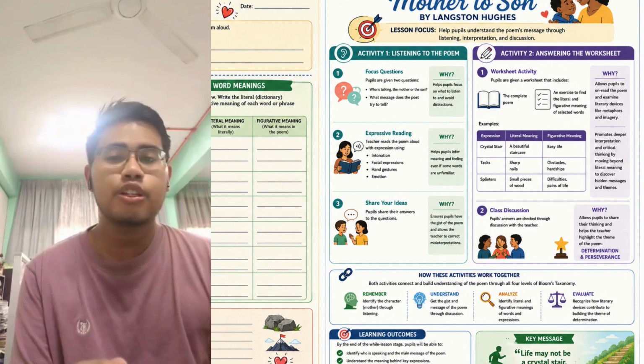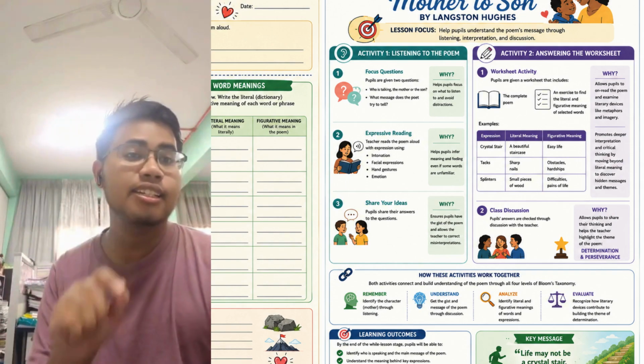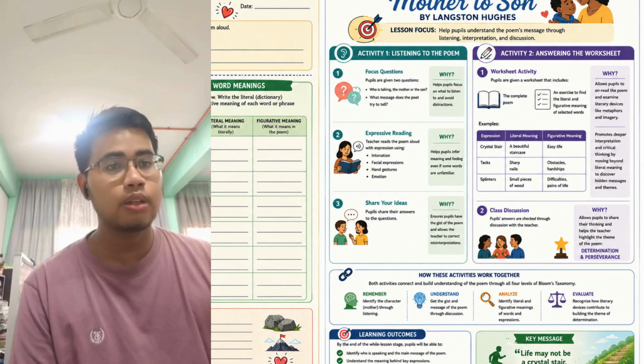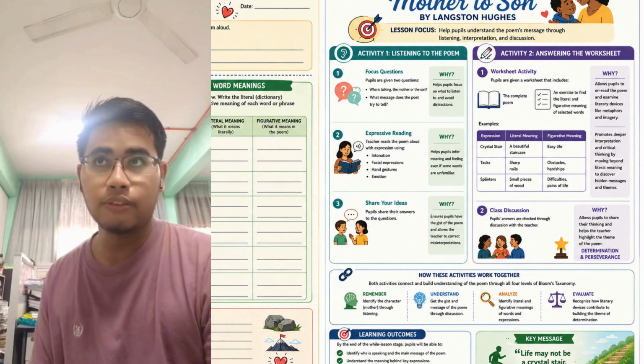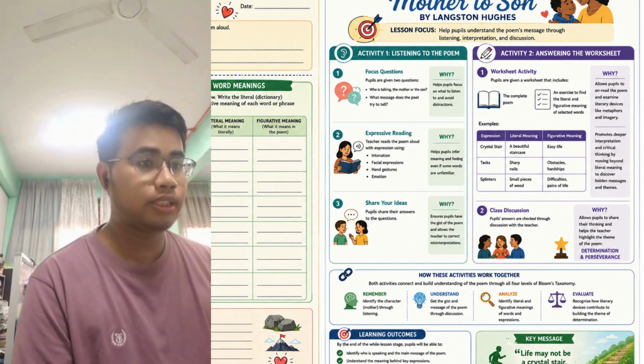Let's say a student doesn't even know what the word angry means, but they can actually guess. And this is quite important because poetry deals with a lot of non-literal words.